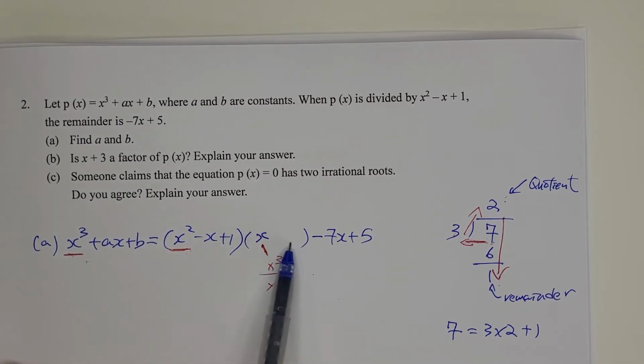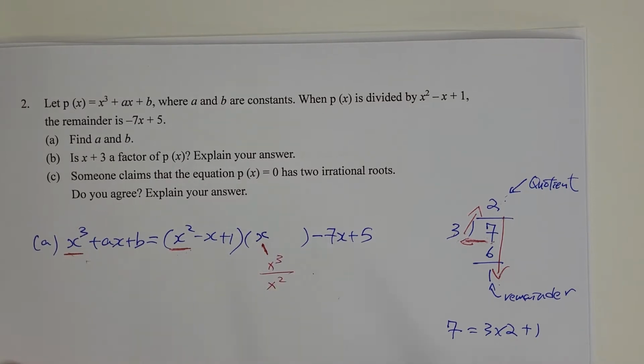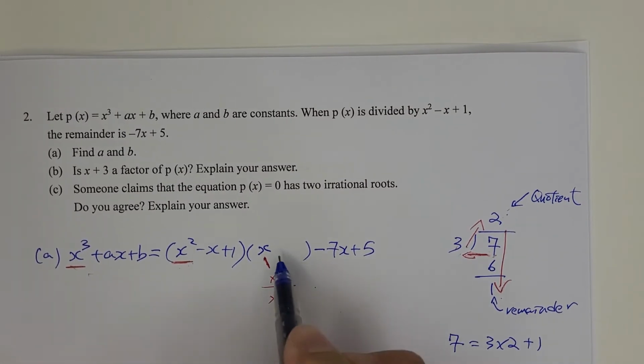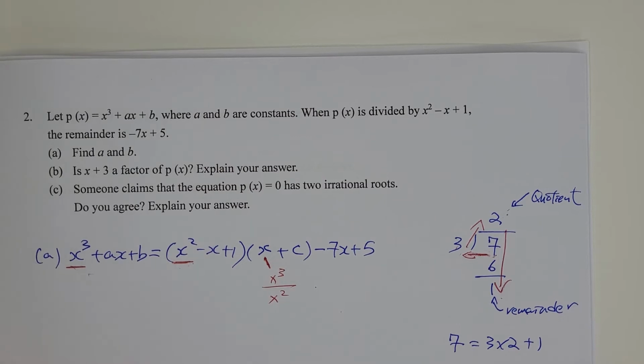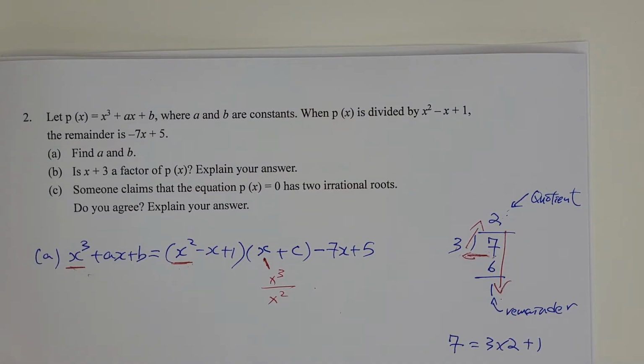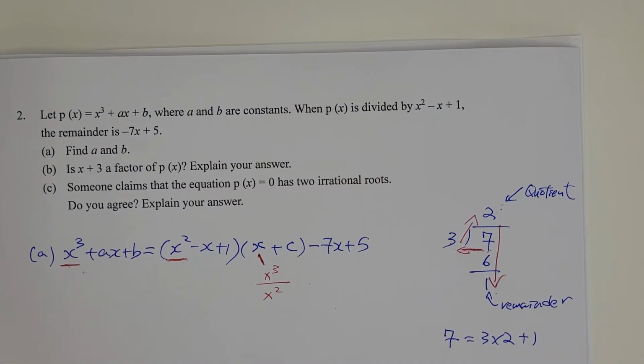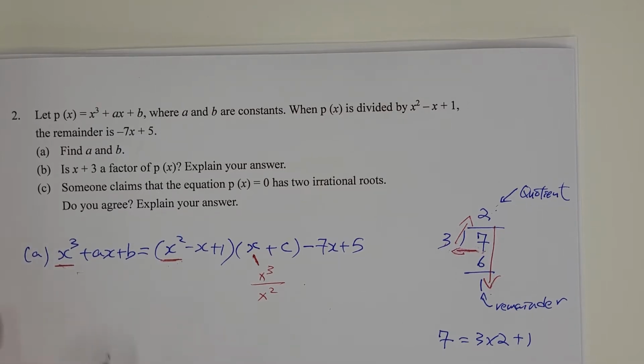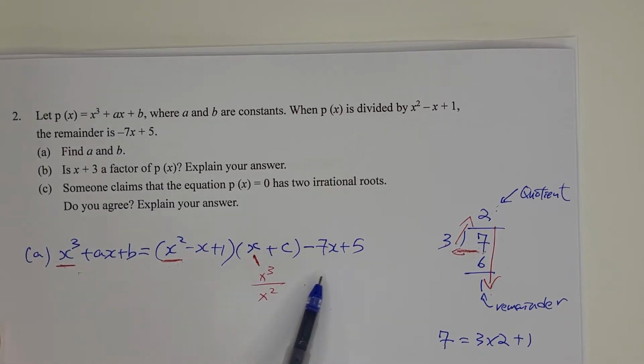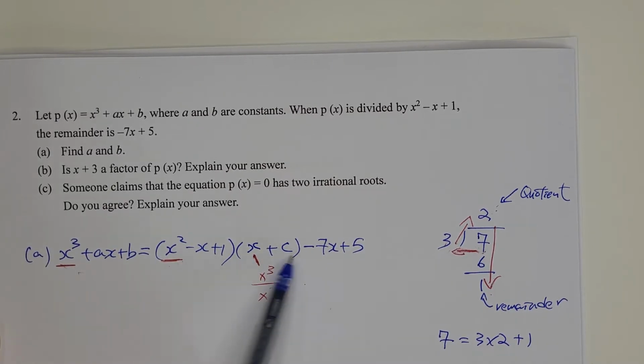How about the second term of the quotient? You really don't know, so you can give a constant, small letter c. C is a constant you need to find out. So you can treat this one as an identity, and you can expand all the brackets and group the like terms.